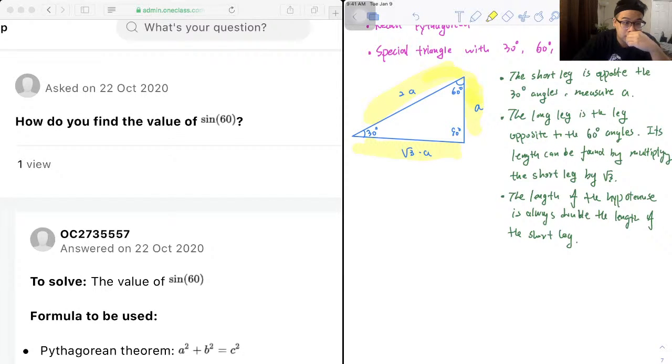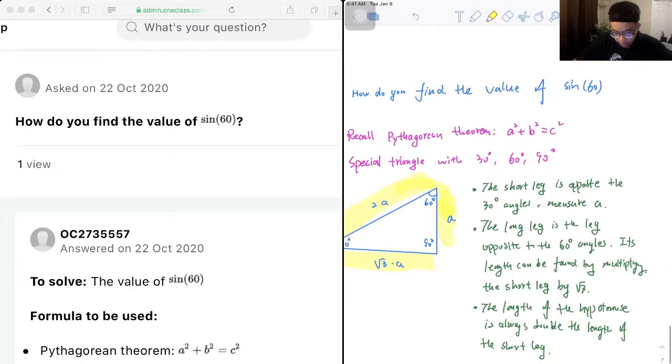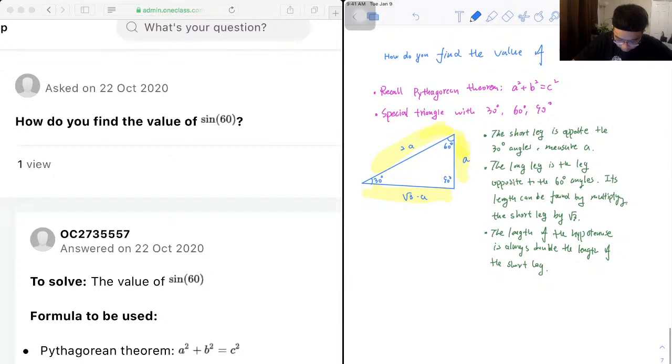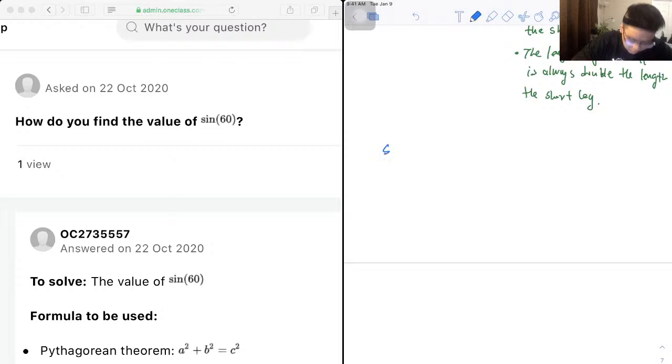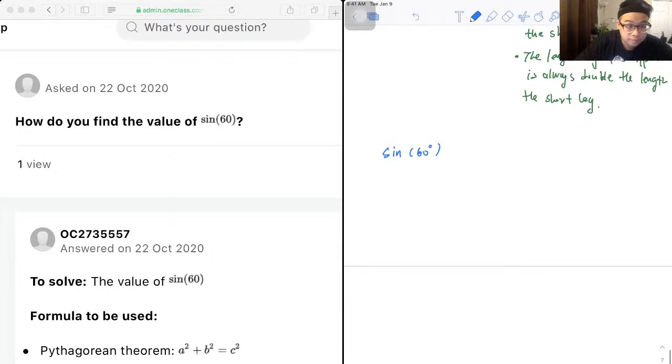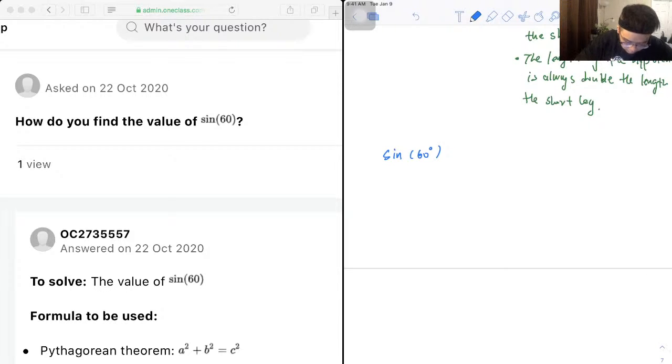Right, so by knowing all this, let's go back to the question. So we have sine 60. And so this is equal to the long leg over hypotenuse.